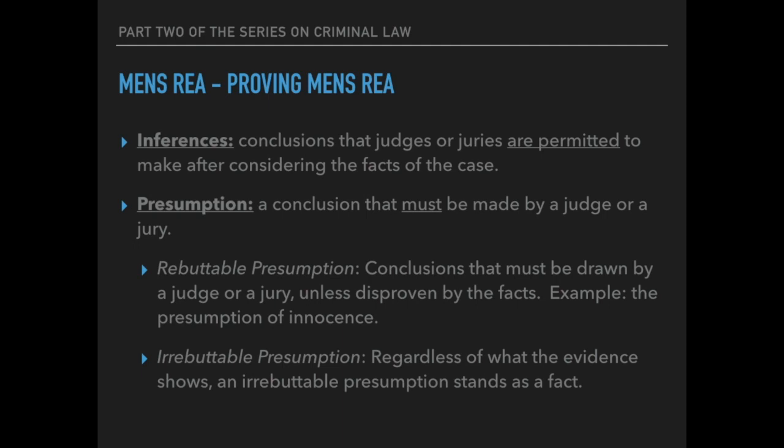Now, some people argue the constitutionality of irrebuttable presumptions, but regardless of what the evidence shows, an irrebuttable presumption stands as a fact. The instruction to the judge and the jury is, you have to presume this, you have to believe this, even if the facts show something else. And that's called an irrebuttable presumption.